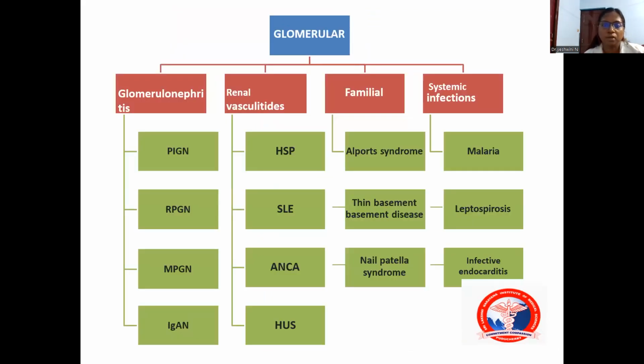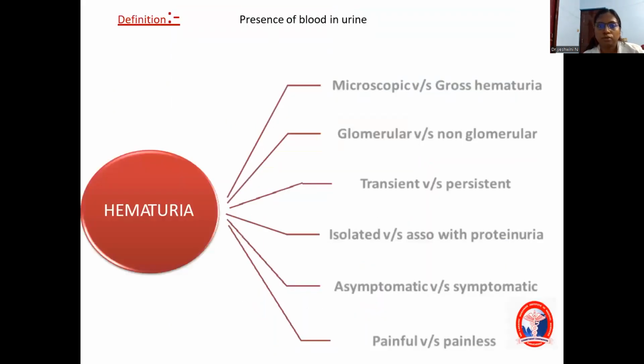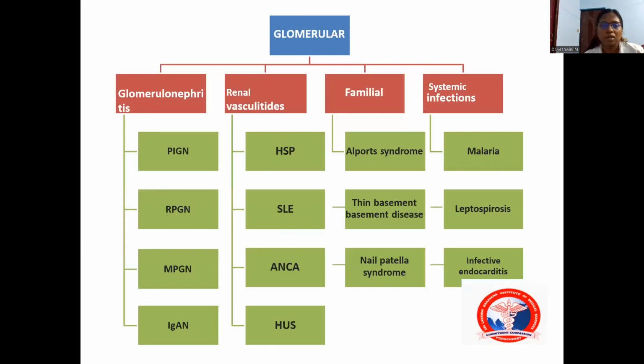Then coming to glomerular causes, as I've already told you, you can differentiate hematuria into a glomerular cause or a non-glomerular cause. What are the glomerular causes? It could be glomerulonephritis, renal vasculitis, familial, or systemic. Familial ones, as you have just seen, are Alport syndrome, thin basement membrane disease, and nail patella syndrome.